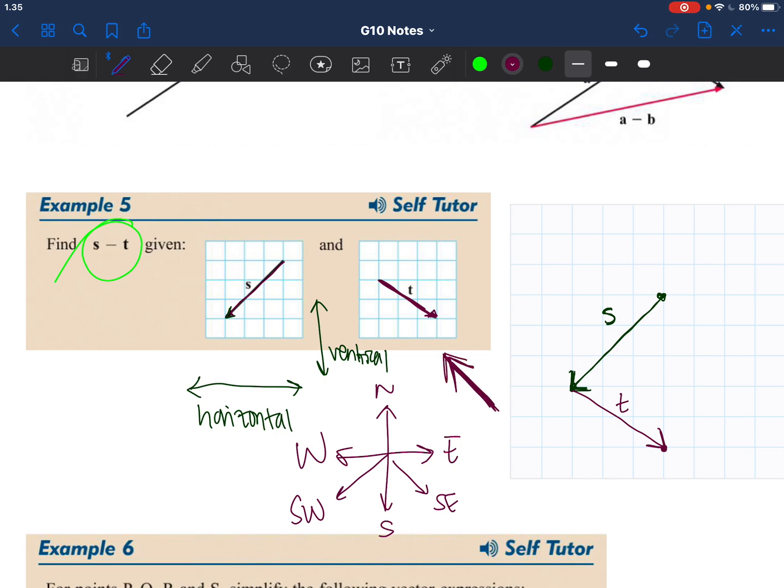Again, the horizontal component is 3. So let's pretend there's another box here. 1, 2, 3. And then up 2. So it'll be here.